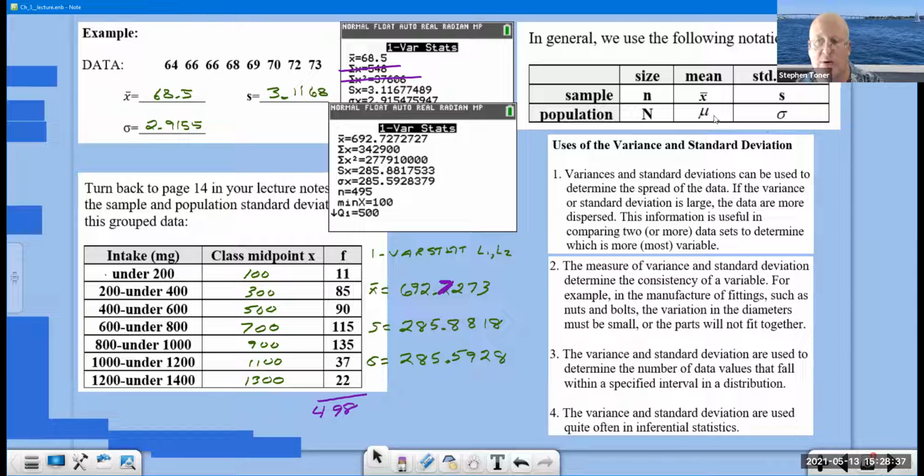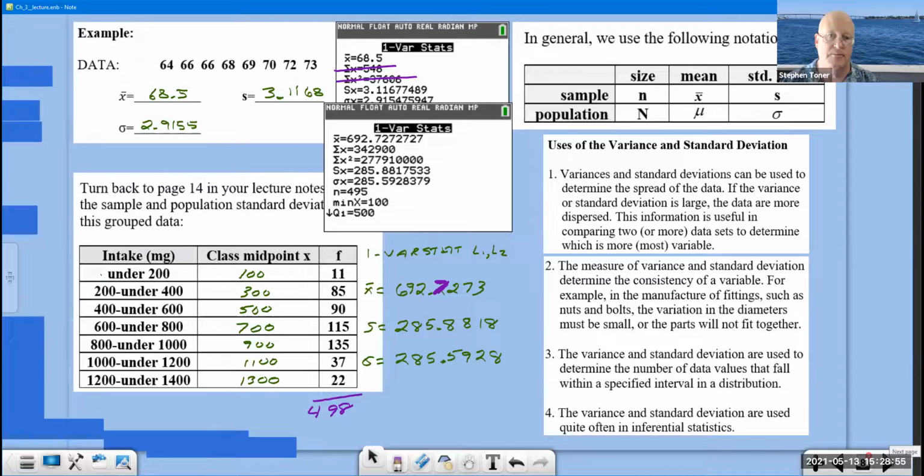We will talk more about the population mean in a little bit. And I've got a couple notes here about the variation and the standard deviation. I'll let you read those ones on your own because they're pretty straightforward.